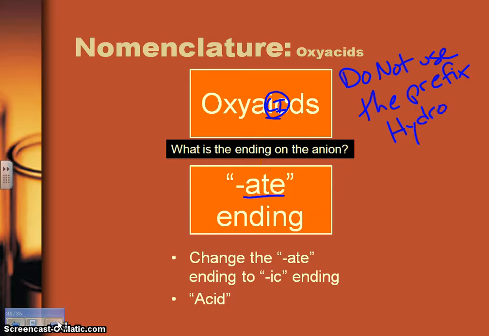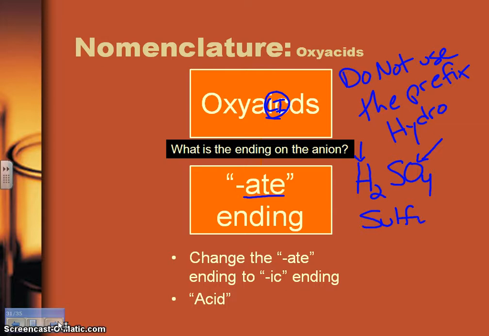So an oxyacid is something like H2SO4. We have hydrogen in the cation position bound to one of our polyatomic ions, in this case sulfate. To name this, we're going to name the polyatomic ion, which is sulfate, and we're just going to change the "-ate" ending to an "-ic" ending.